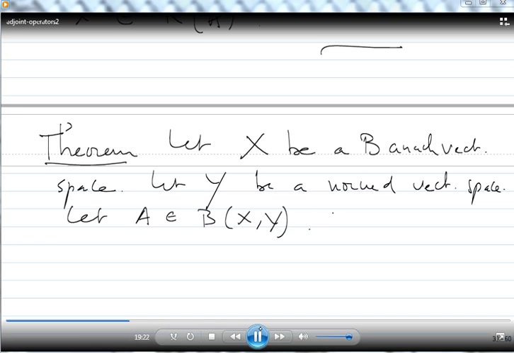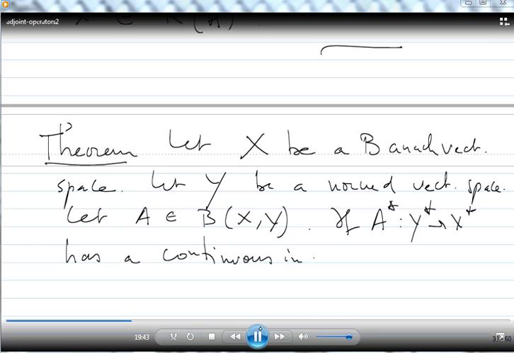If A adjoint, going from Y star to X star, has a continuous inverse, then A also has a continuous inverse.